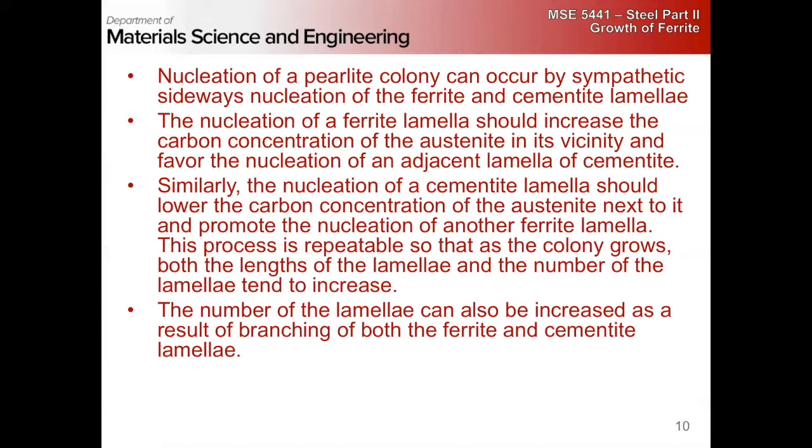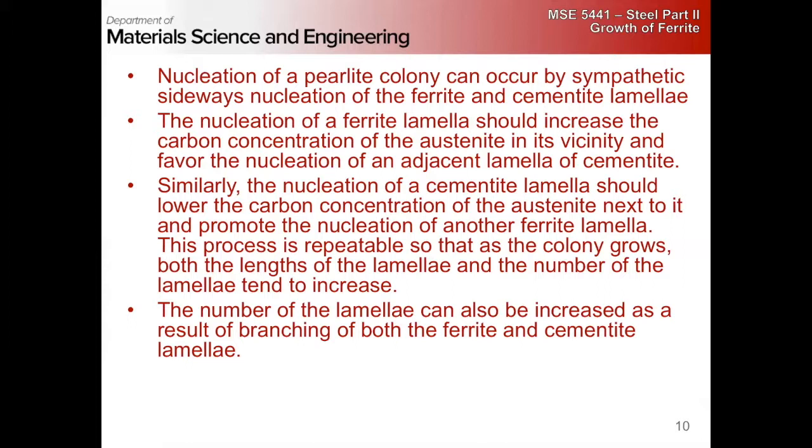Higher, right? So if we're transforming austenite to cementite, we need to move carbon in, right? So the idea of this is actually pretty simple. Let's say we nucleate a ferrite, right? So we got a small little nodule of ferrite.